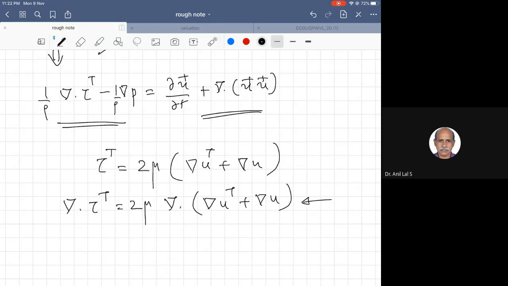So by index notation, this is 2 mu del dot of dou ui by dou xj. If del u is dou ui by dou xj, then del u transpose will be dou uj by dou xi.